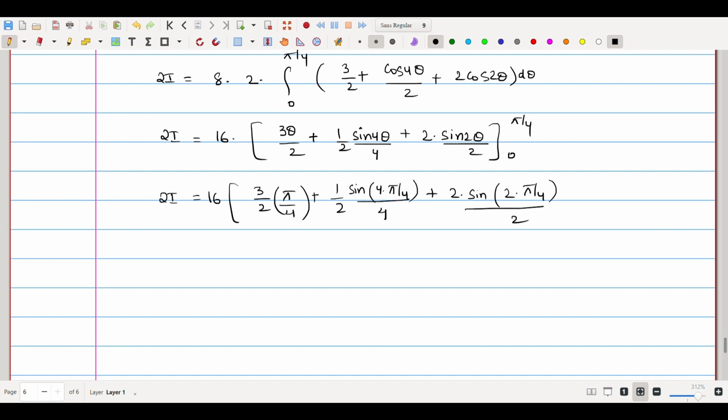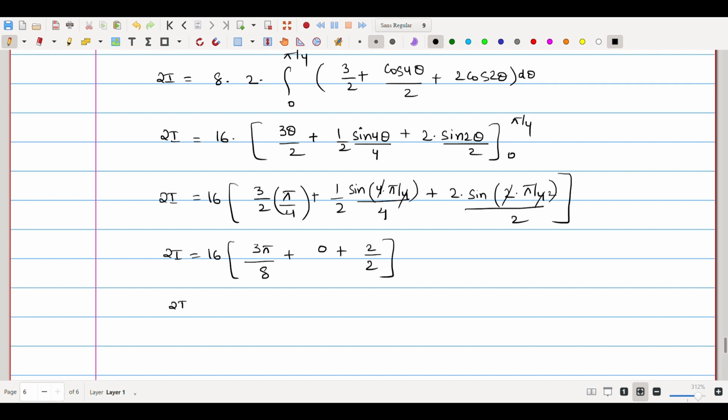If you substitute the lower limit 0, everything will become 0, so no need to substitute. 2I equals 16 times 3 pi by 8 plus, the 4 will cancel, sin pi is 0, plus the 2 will cancel 2 times, so 2 into sin pi by 2, which is 1, which is nothing but 2 by 2.